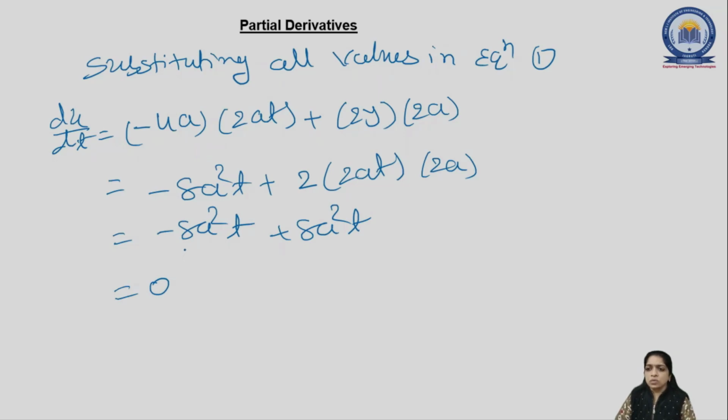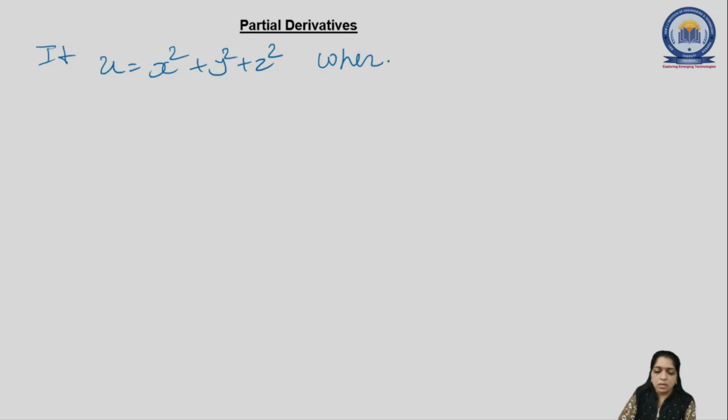Okay, so let's move with one more example for better understanding. That is u equal to x square plus y square plus z square, where x is equal to e raised to t, y is equal to e raised to t sin t, and z is equal to e raised to t cos t.